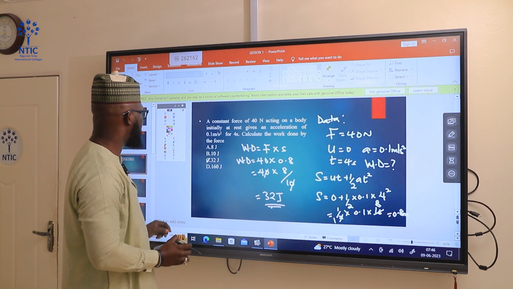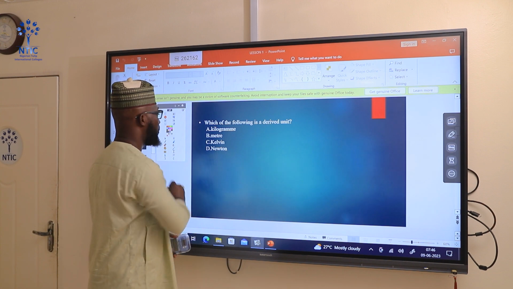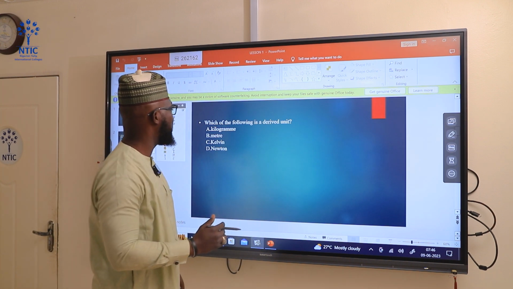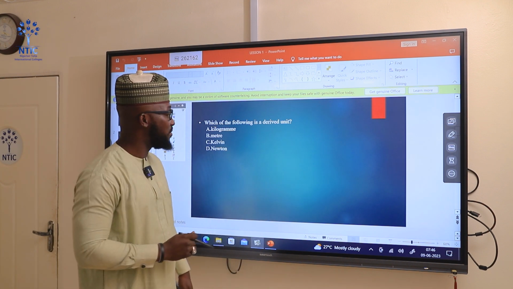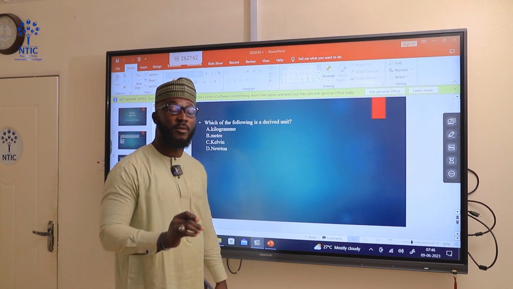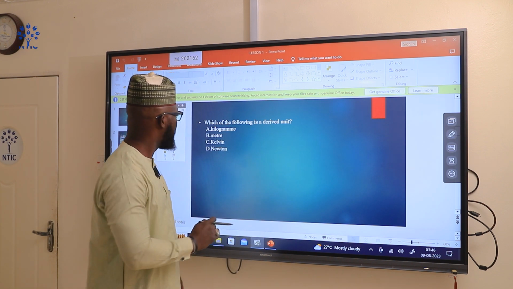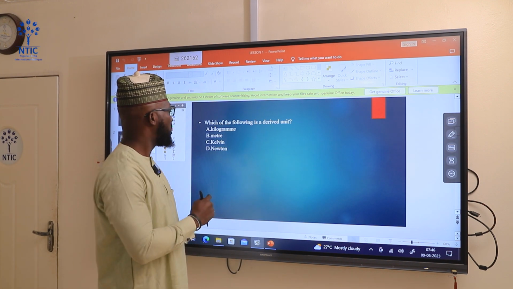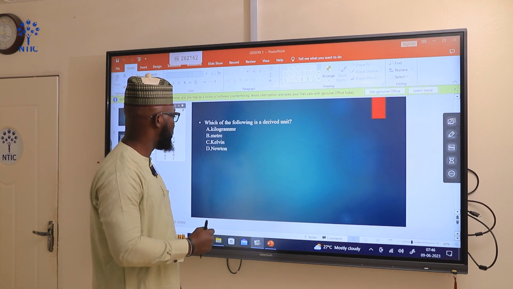Okay. The next question is, which of the following is a derived unit? We already know the fundamental units, but the derived units are gotten from simple combination of what? Fundamental units. In this case, looking at kilogram, which is option A, kilogram is the unit of mass, which is a fundamental unit, by the way.